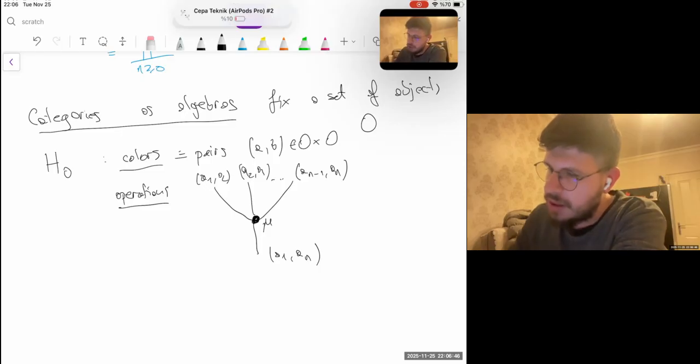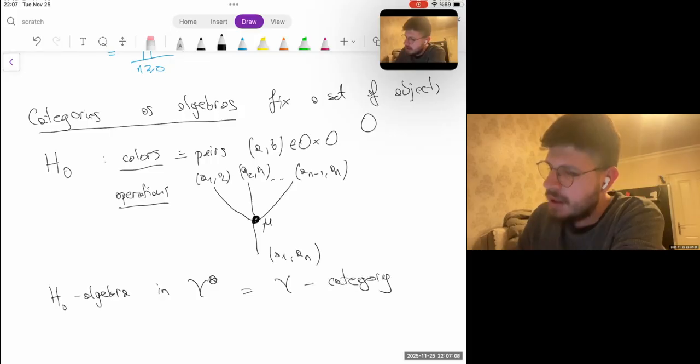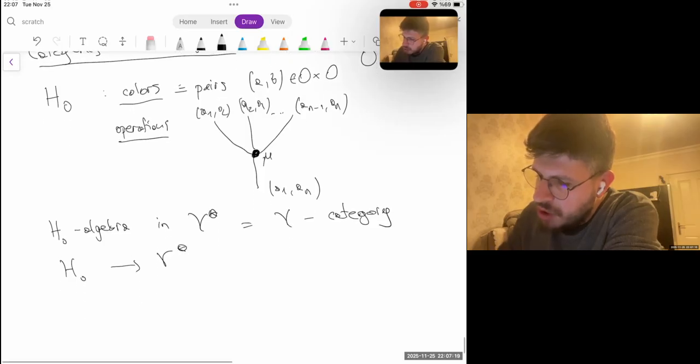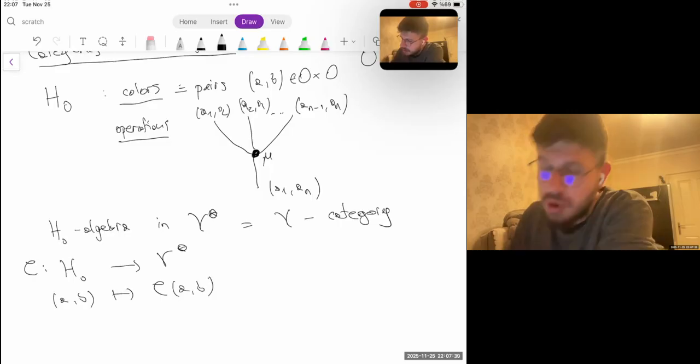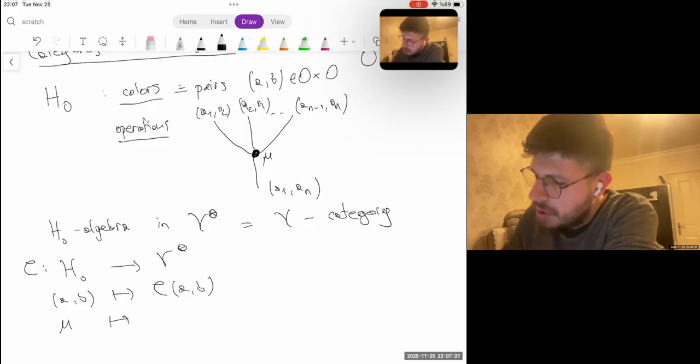What happens is that an H_O algebra in any monoidal category V is precisely a category enriched in V. If we call this algebra C, for each pair AB it picks a Hom set or Hom object, you can think of sets P(A,B), and these mu's pick up compositions.